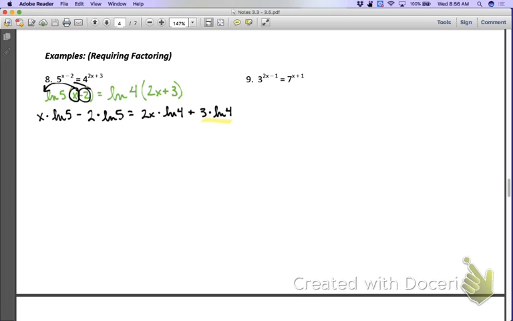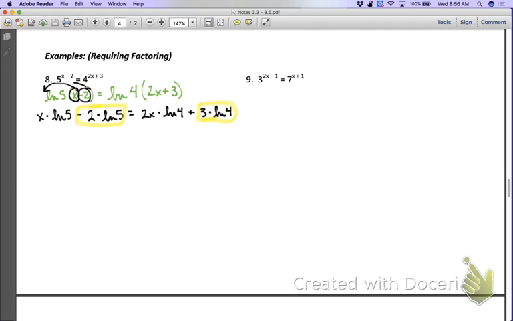Here and here are numerical values. If I could literally type in negative 2 times the natural log of 5, it would spit out some sort of random decimal. The two things in the yellow are just numbers.